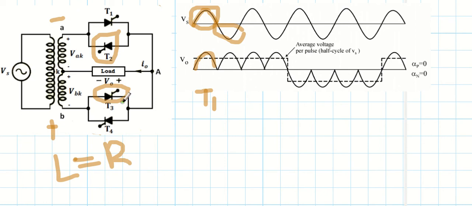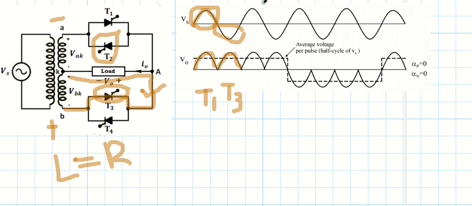So at which thyristor we will apply the gate pulse? We will apply the gate pulse at T3. The current will start from B through thyristor T3 into the positive terminal of the load, like this one. Okay, so this one is due to thyristor T3, like this one.